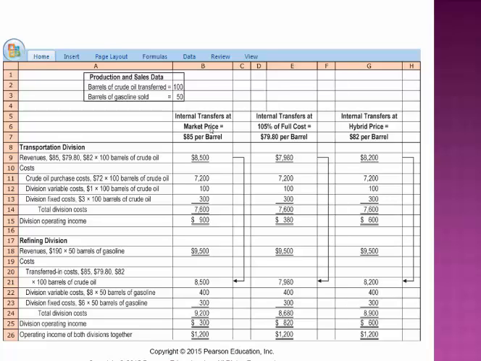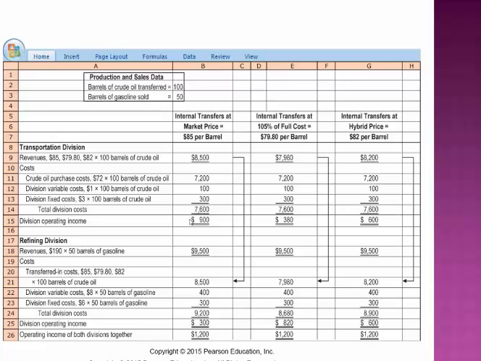When we sell it at $85 per barrel, using 100 barrels as our example, $85 times 100 barrels gives us $8,500 in revenues for the transportation division. At the same time, that $8,500 now shows up as a cost line item for the refining division. Notice it's just brought down here and we've got $8,500.